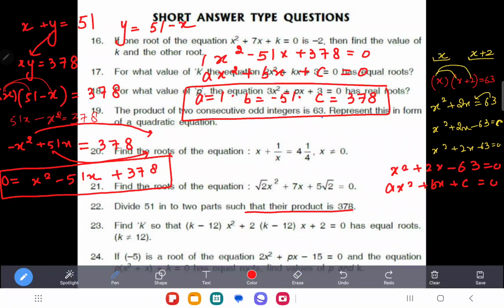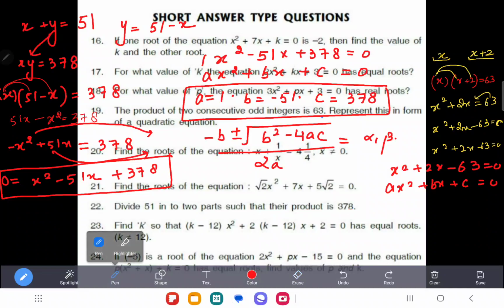Minus b plus minus under root of b square minus 4ac over 2a. That is going to give me the values of alpha and beta, which are my required roots. Understood or not? This is the concept.